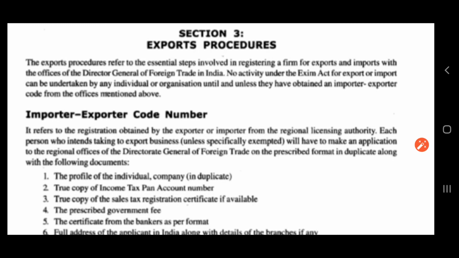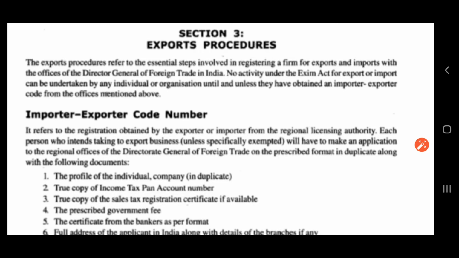So it is clear with my statement that if a firm wants to do imports or exports, it should be registered by some organization, right? What is that organization? Director General of Foreign Trade.